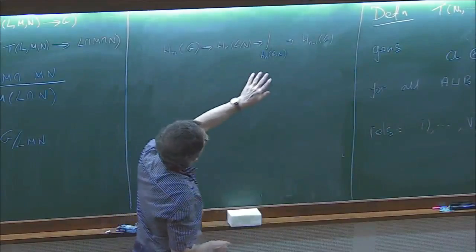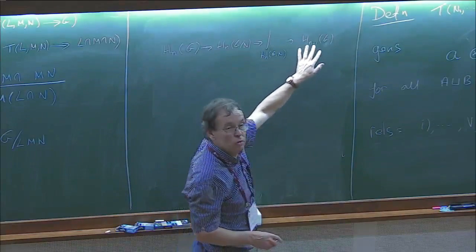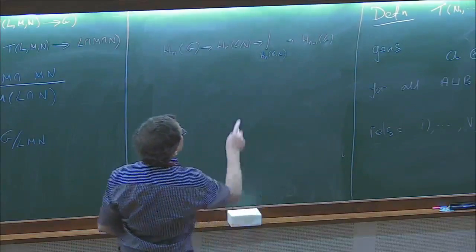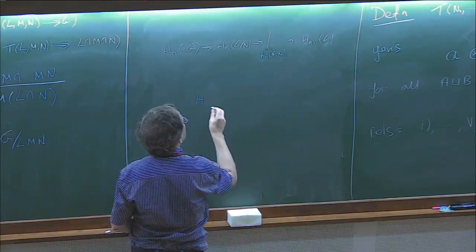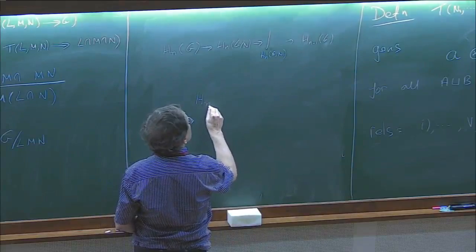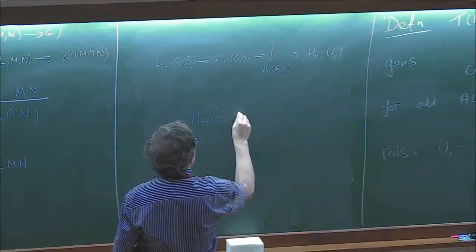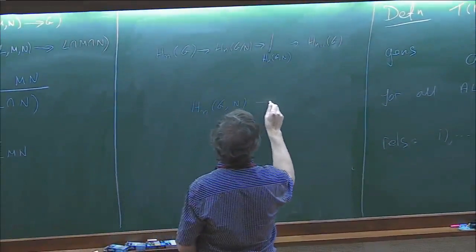Now, that is handy in looking at, say, the Schur multiplier or something. But you could say, well, I'm interested in this. So then you take two subgroups, M and N, and I suppose you can do something like this.